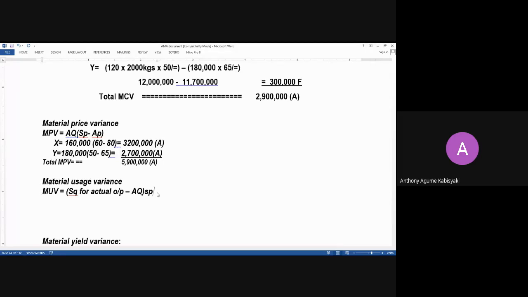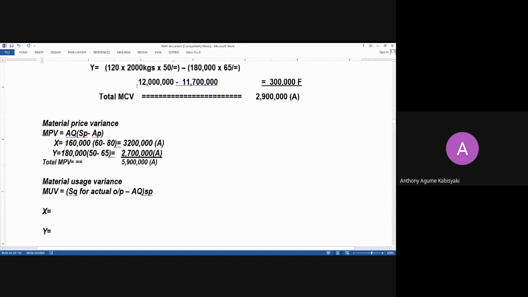So in this case, I will have two materials, X, then I have Y. Here for X, I think I determined this.